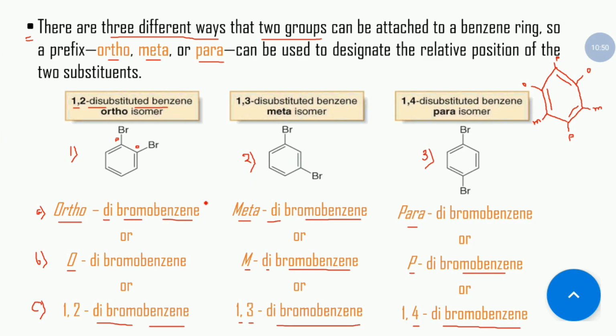One thing you have to remember is that for ortho, meta, para you write o, m and p in small letters, not in capital. For demonstration purposes I wrote them in capital form, but that is not allowed. You write o for ortho, m for meta, and p for para, all in small letters.